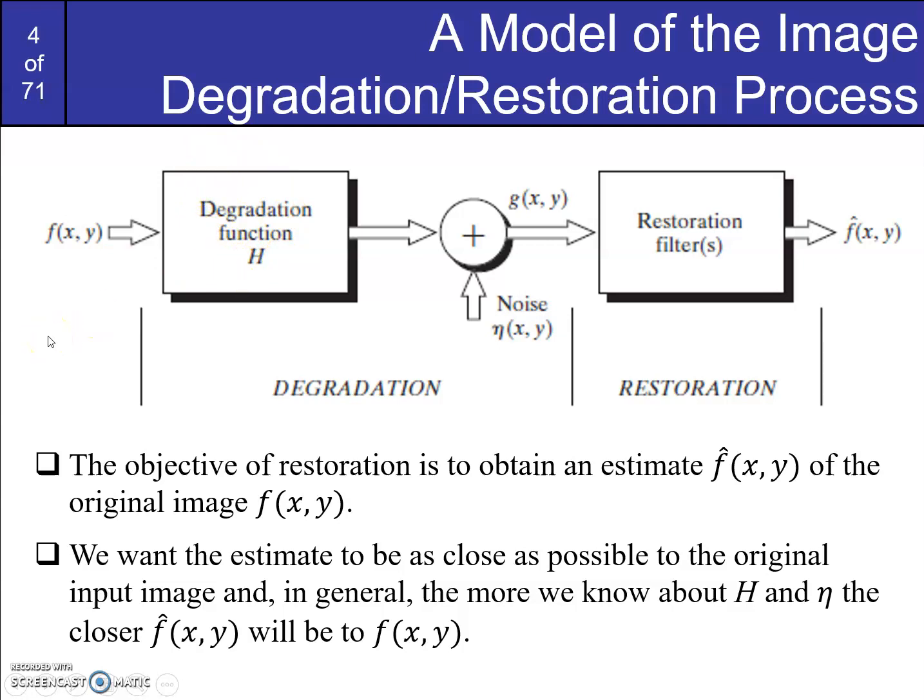Now degradation function, like okay, in your image enhancement you guys have done filters, correct? Let us assume that there is some average filter. So when I apply that average filter on my photo, at that time my average filter is my degradation function, right? So that is the first step.